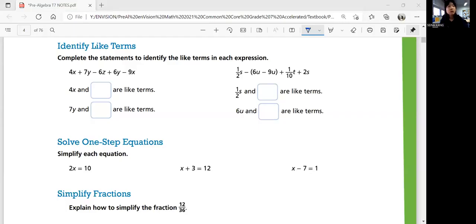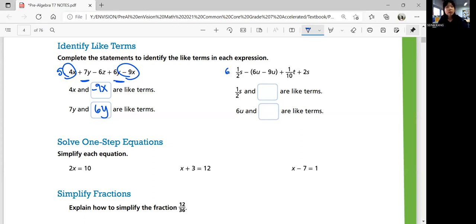Okay, so in number 5, 4x and blank are like terms. You need to have the same variable raised to the same power. 4x and -9x are like terms. So if it's a subtraction, that comes with your term, okay? 7y and blank are like terms. It's not -6z, it's +6y.